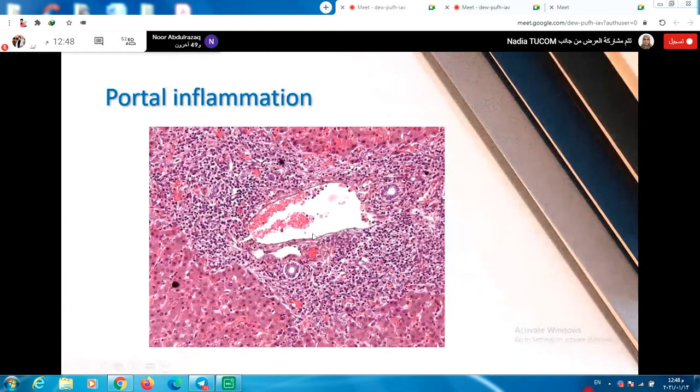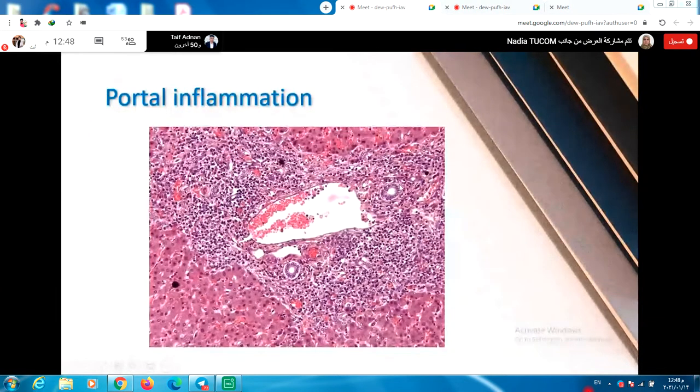Portal inflammation: as you remember in the previous slides, only a few scattered lymphocytes are seen within the portal tract. Here, the portal inflammation is very prominent in viral hepatitis. This is the portal vein, which is congested, and even there is congestion of hepatocellular sinusoids.